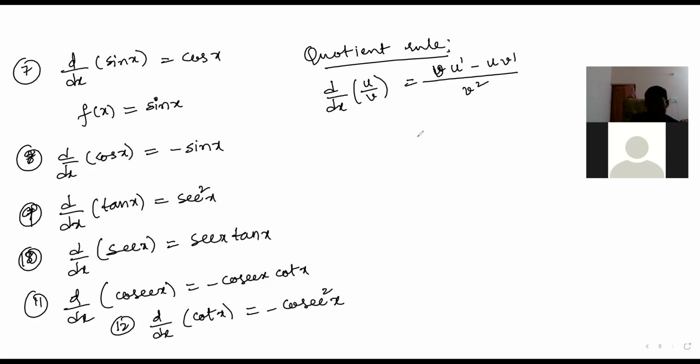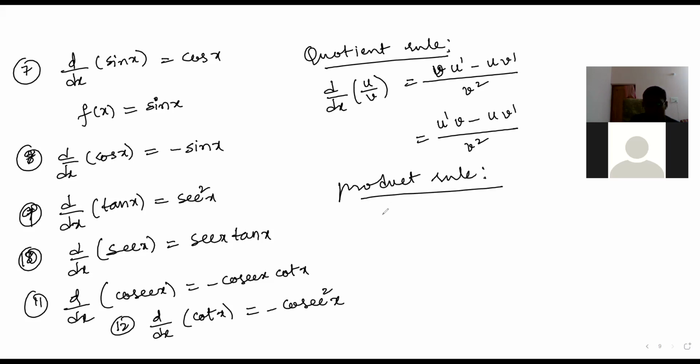Or you can say u dash v minus u v dash by v square. And what is the product rule? d by dx of u into v is u dash v plus u v dash. Like this is the product rule.